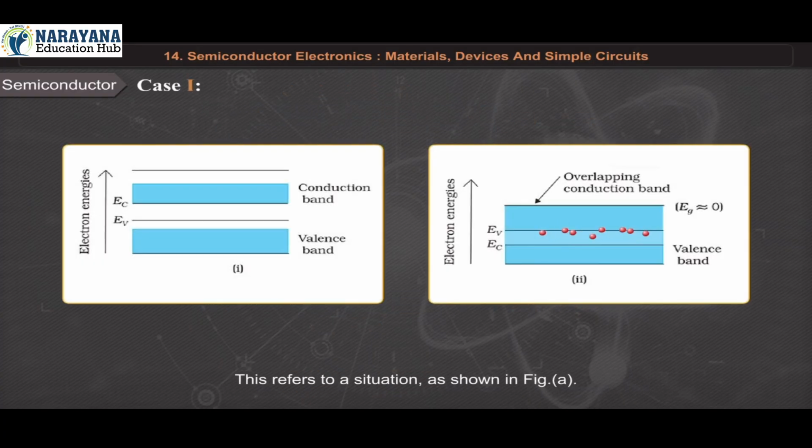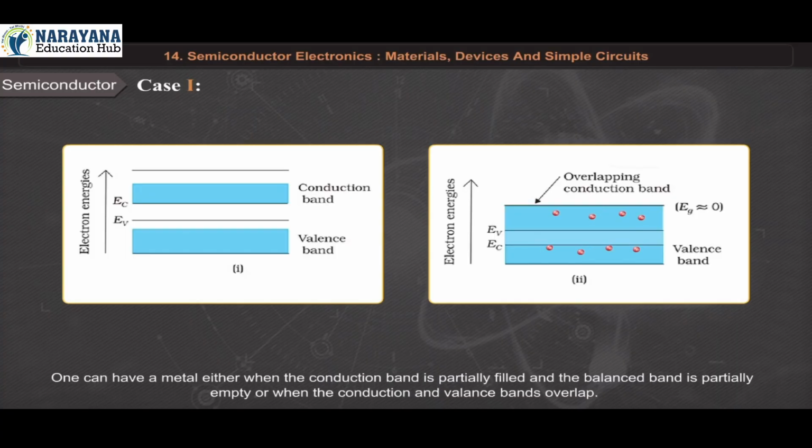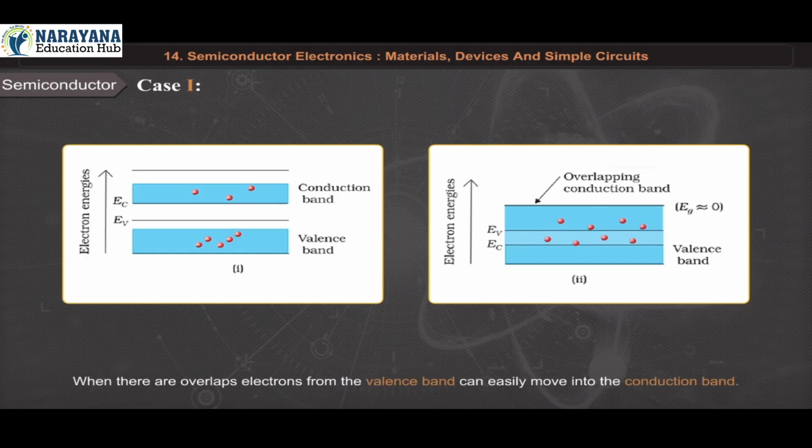Case 1. This refers to a situation as shown in figure. One can have a metal either when the conduction band is partially filled and the valence band is partially empty, or when the conduction and valence bands overlap. When there are overlaps, electrons from the valence band can easily move into the conduction band.